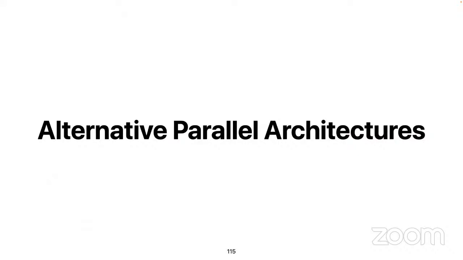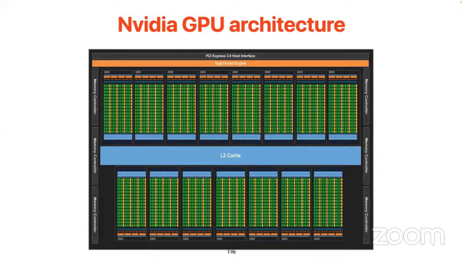In addition to CPUs, there is an alternative and increasingly popular architecture for people to do parallel processing. That's the GPU. And the GPU's idea is really simple, is that we just put a lot of ALUs, and these ALUs can perform the same operation within a single SMX, like streaming multiprocessor.